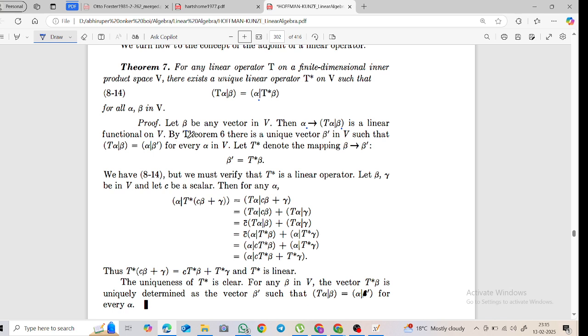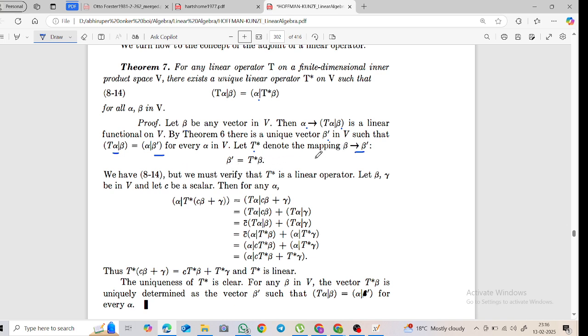By theorem 6, there is a unique vector beta prime in V such that T alpha inner product beta is this, for every alpha in V. Let T star denote the mapping beta to beta prime.